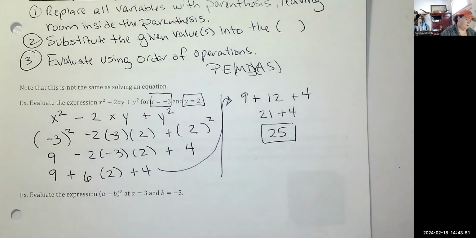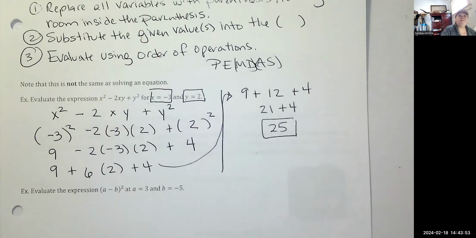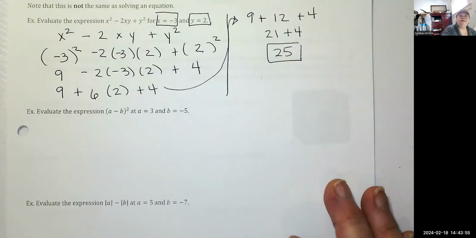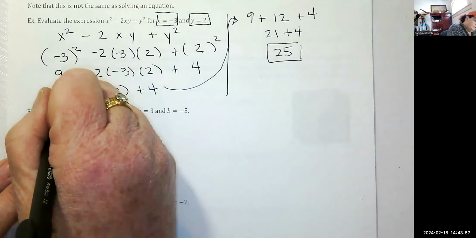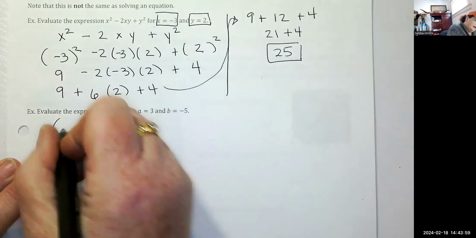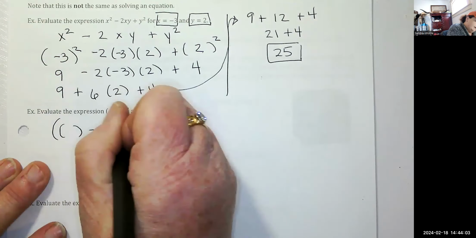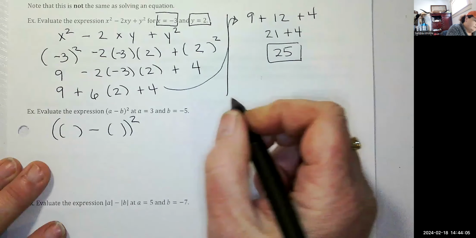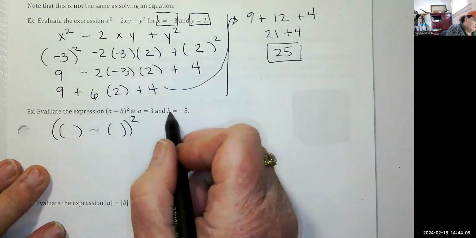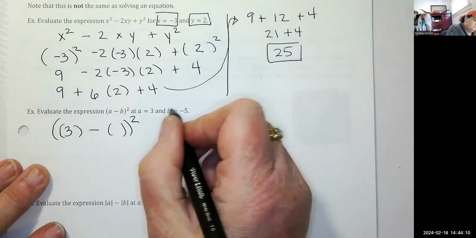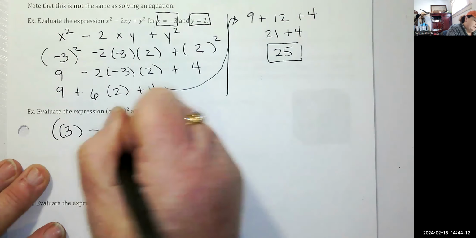Okay. All right. Evaluate the expression a minus b squared. So I've got an a minus b and squared. The a was 3 and the b is -5.